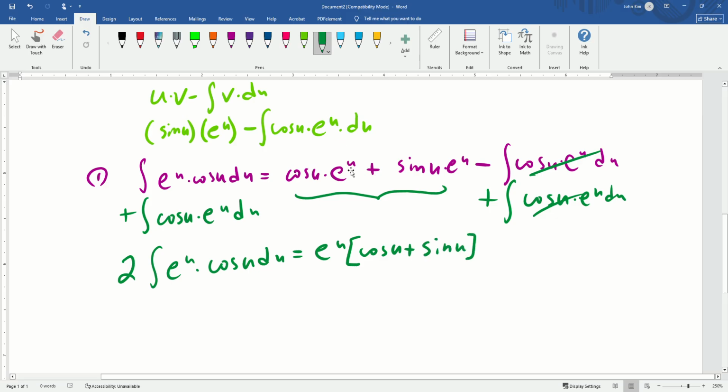Notice we took out e to the u. Almost finished.